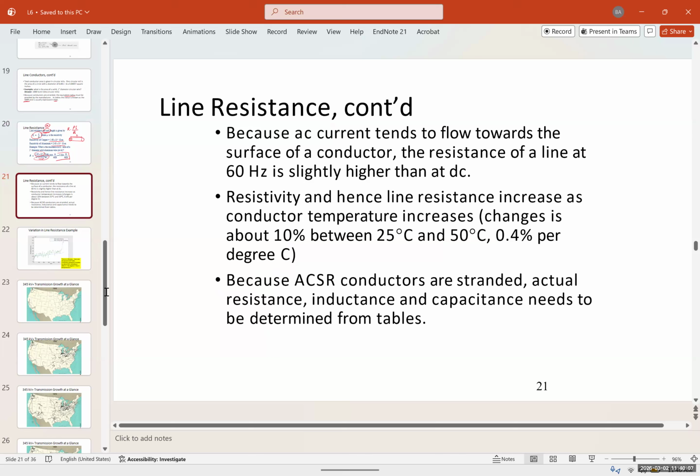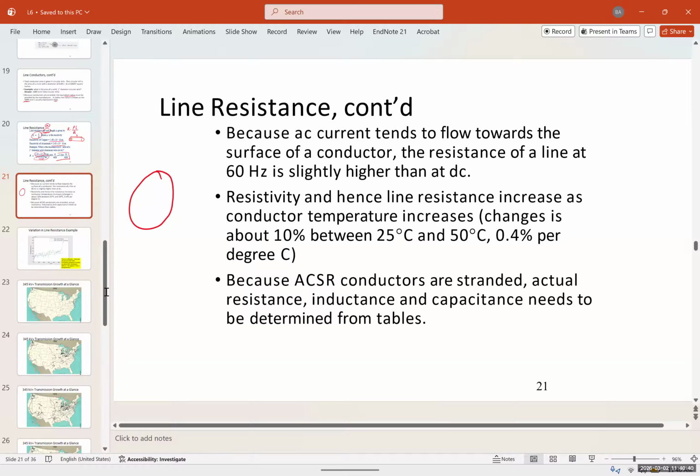Now, because AC current tends to flow towards the surface of a conductor, as I mentioned, the resistance of a line at 60 Hertz is slightly higher than at DC. Resistivity and hence line resistance increase as conductor temperature increases. As you know, the hotter it gets, the molecules vibrate more, and it becomes more difficult for the electrons to pass.